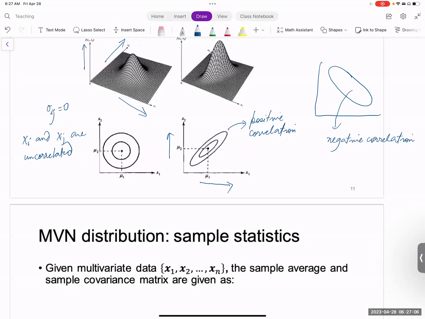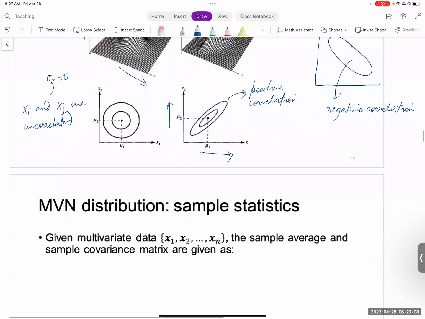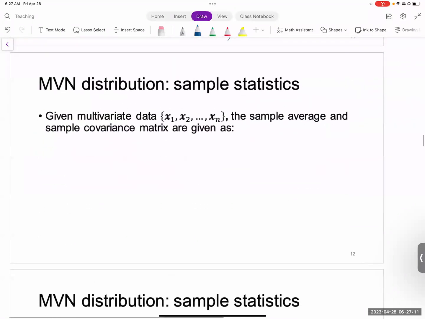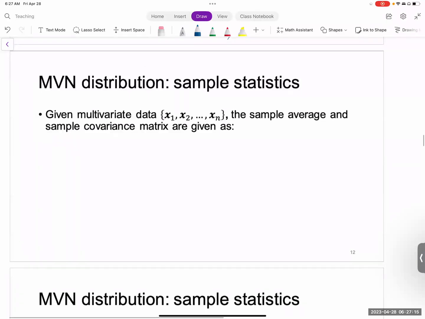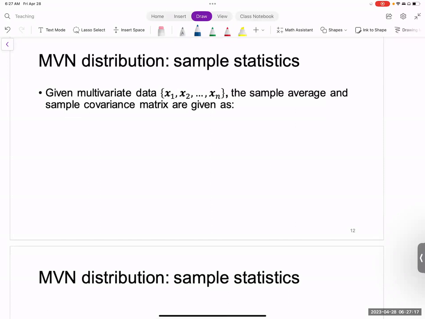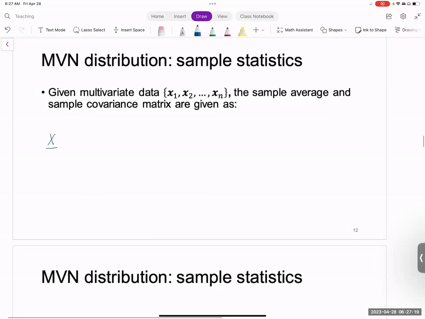Great. Now let's move on to some sample statistics, because this is what we'll use to compute our control charts. It's very much like what you've done in univariate control charts or univariate statistics. Let's say x under bar is x1, x2 up to xp. Then you can write down the corresponding mean of x under bar, which is x over bar under bar.